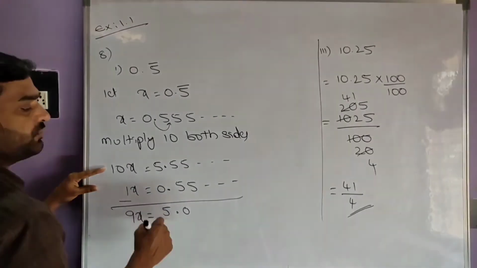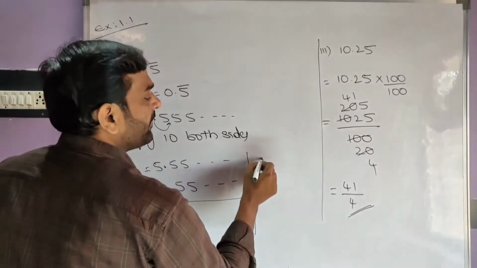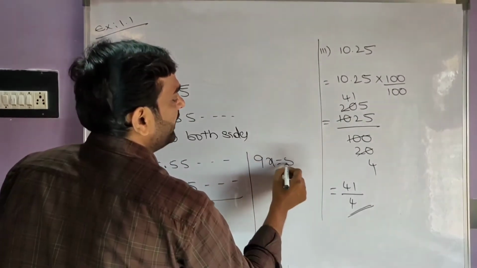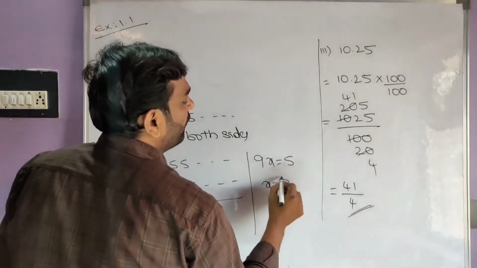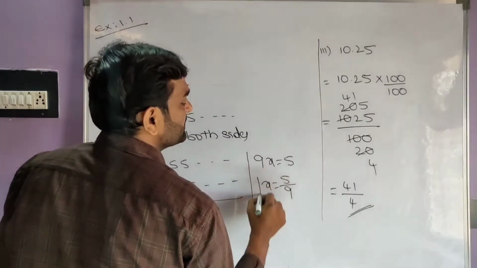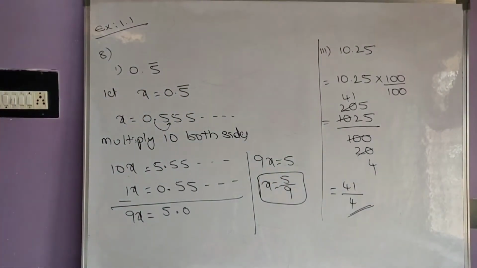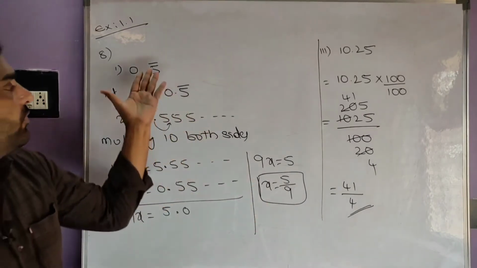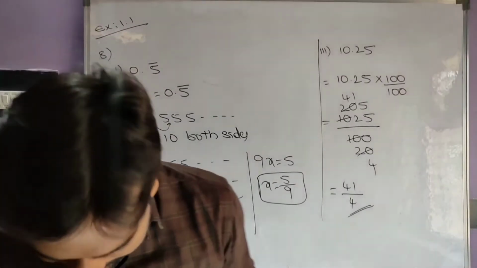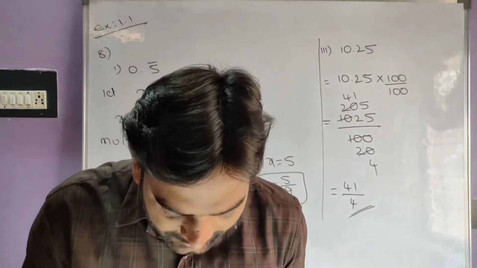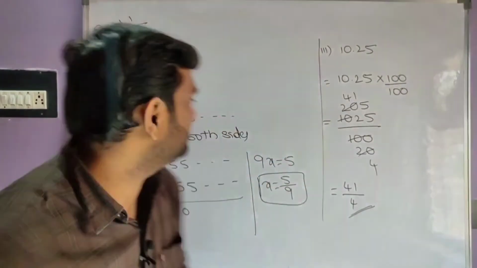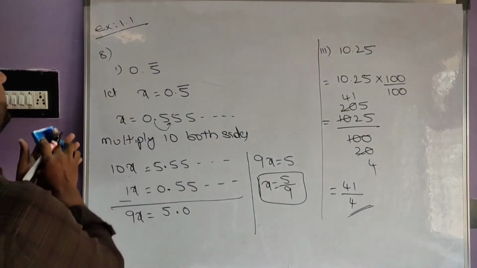We got 9x equal to 5 and x equal to 5, and this 9 coming this side becomes 5 by 9. Okay, x equal to 5 by 9. This is the p by q form of 0.5 bar. Next one, 3.8 bar.